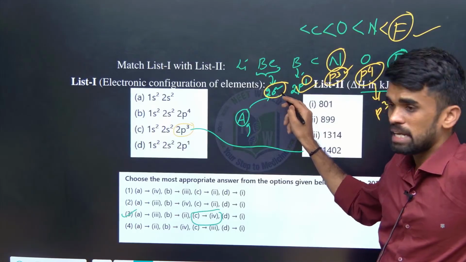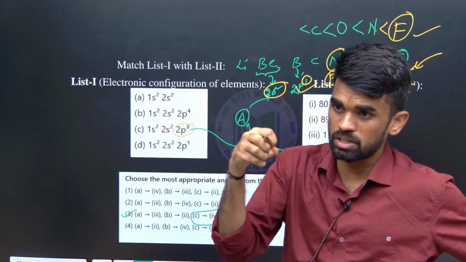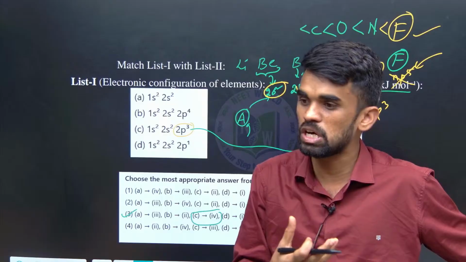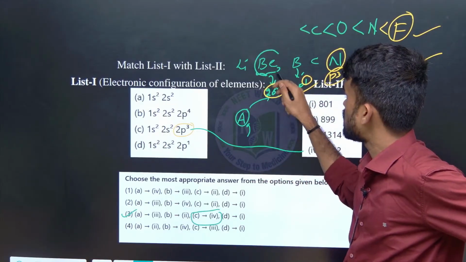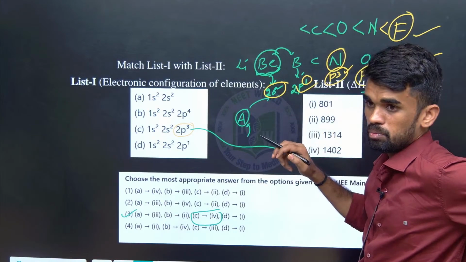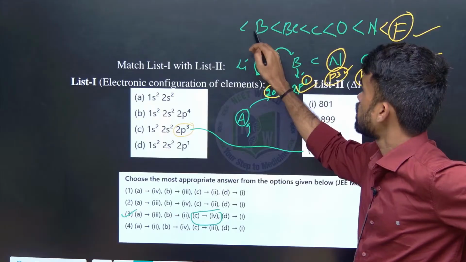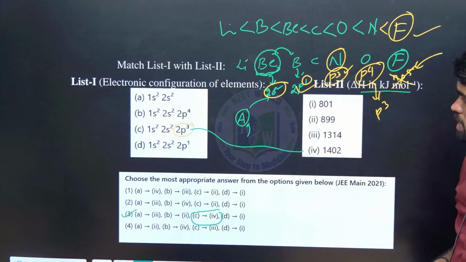These s orbital electrons are very close to the nucleus, therefore to remove that electron it requires more energy. That is what we call the penetrating capacity of the s orbital is more, meaning it is closer to the nucleus. Therefore beryllium ionization energy is more than boron. So here we should write boron, beryllium, boron, least is lithium. So now from this you can arrange.